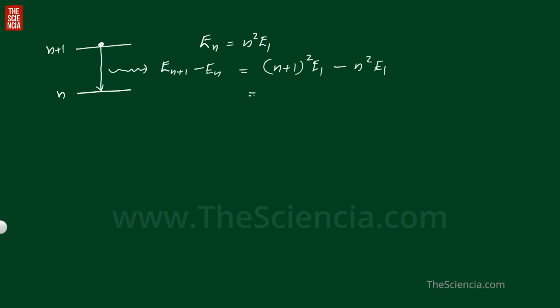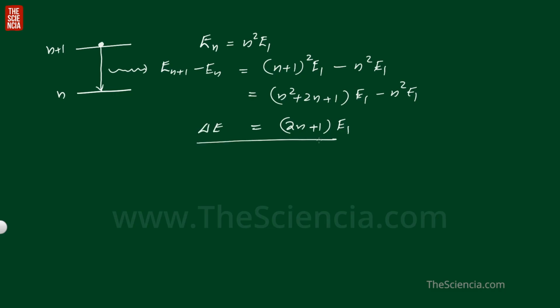So what we get is n square plus 2n plus 1 into E1 minus n square E1. That is equal to 2n plus 1 into E1. That will be the delta E, that is the emitted energy.